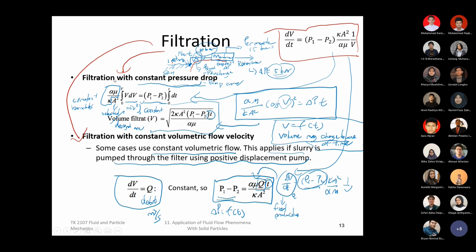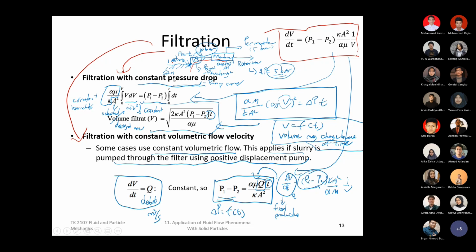What if the filtration is used in constant pressure drop? What is the volume filter rate, for example? What is the time required? That's also possible. What is the time required for the filtration to finish up until X amount of volume filter rate?